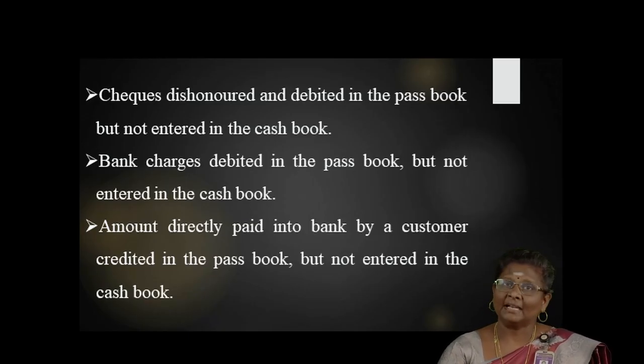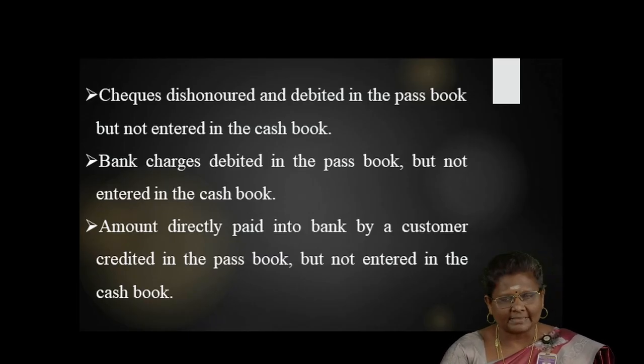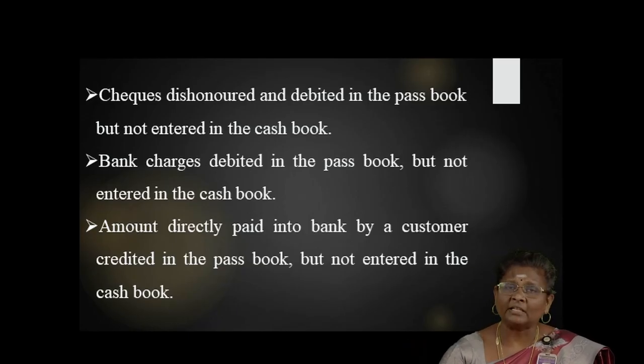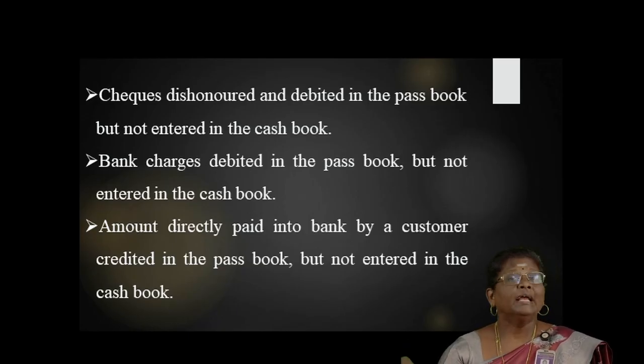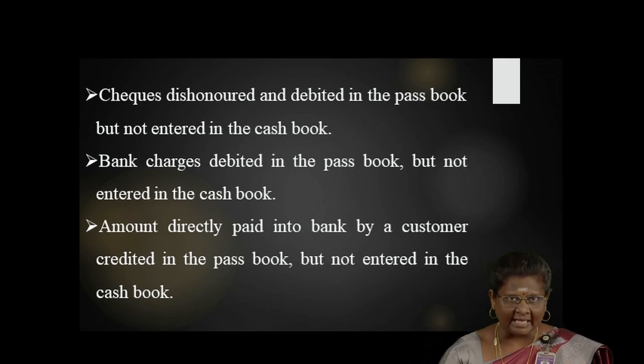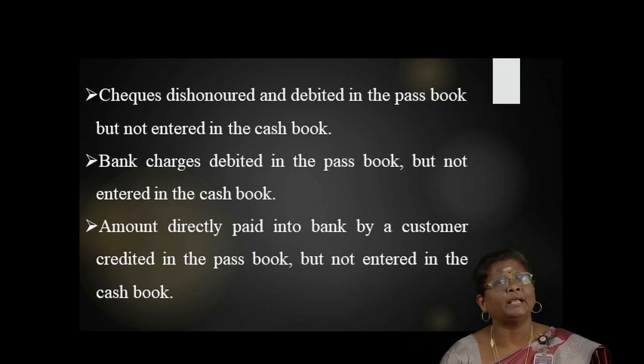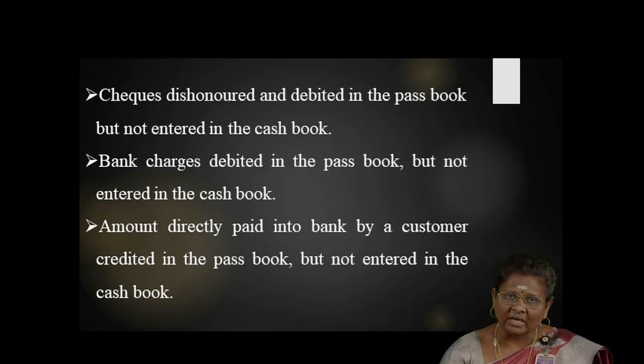Then in another case, amount directly paid into the bank by a customer, credited in the passbook but not entered in the cash book. For example, if X has to pay rupees 10,000 to us, that person X goes directly to the bank and pays the amount into our account.